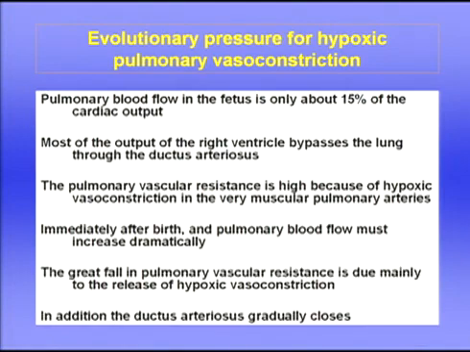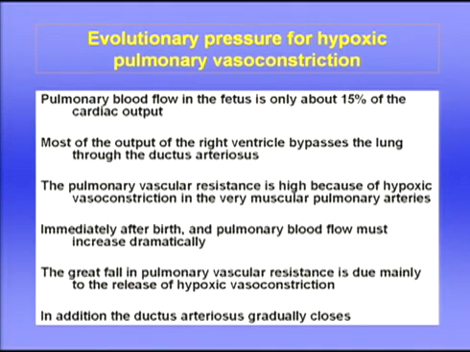And this comes about mainly because of the release of the hypoxic vasoconstriction. There's also an increase in lung volume, which is thought perhaps to play a role as well. But the most important factor is the release of hypoxic vasoconstriction.